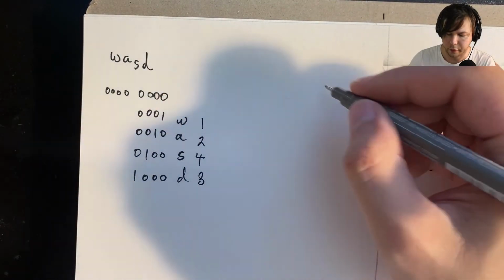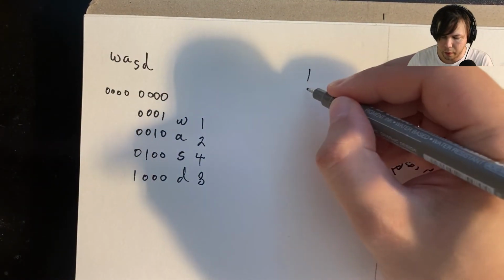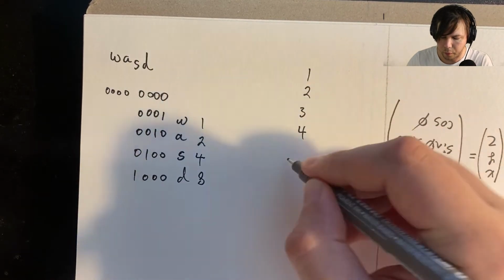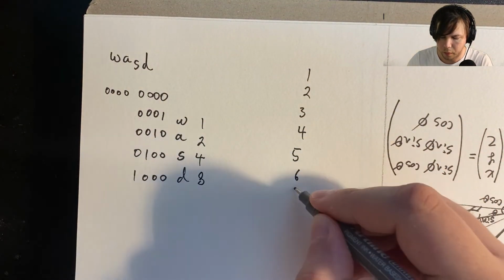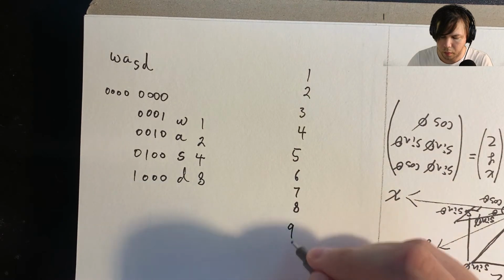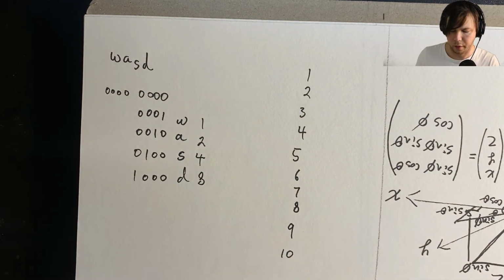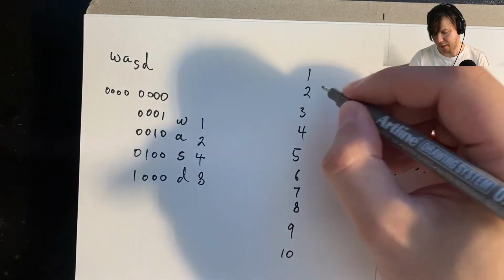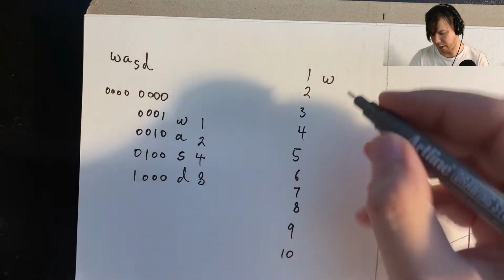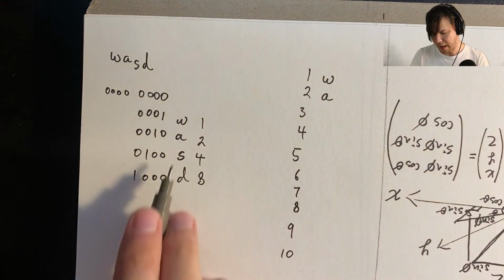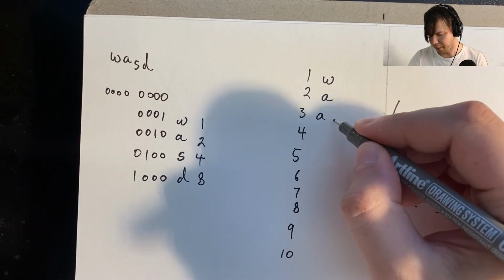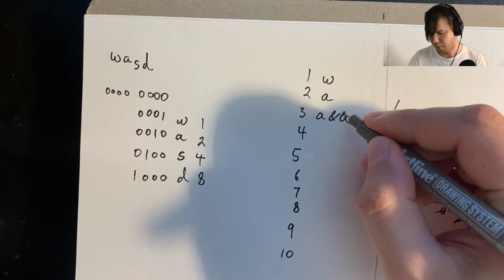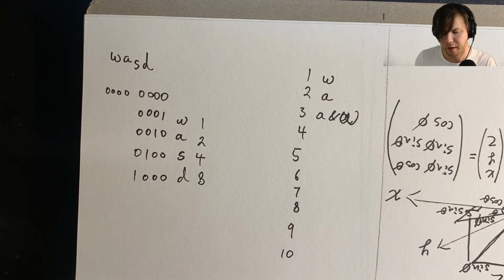So, for instance, let's go 1, 2, 3, 4, and so on. If I see 1, the only way we can get that is to press W. If I see 2, the only way we can get that is to press A. If I see 3, the only way is to press A and W together.